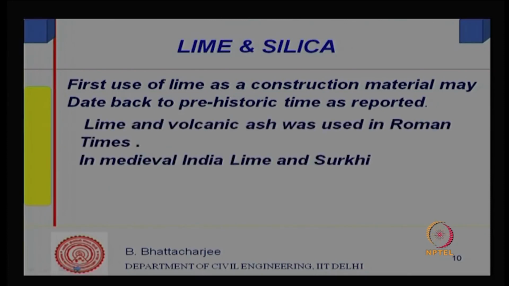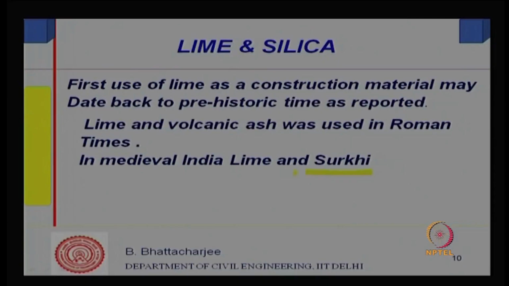If you look at Roman civilization, they used lime and volcanic ash, because in Italy there are volcanic ashes available and they used them. In medieval India, people used lime and surki. Surki is a material which comes out from the brick kiln.